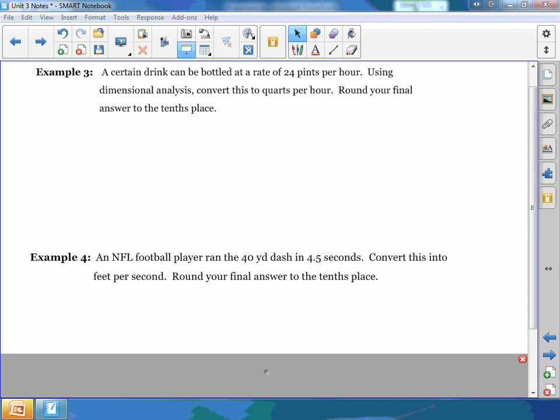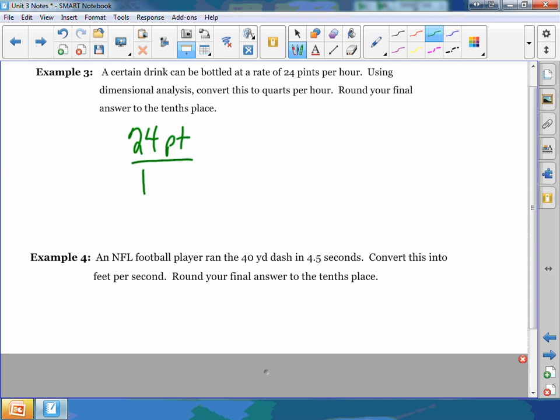Okay, does anybody want to talk us through example 3? Teach us how you came up with this value. Amelia, go ahead. What do you got? 24 pints, 1 hour.